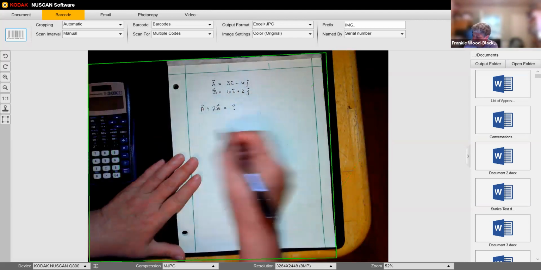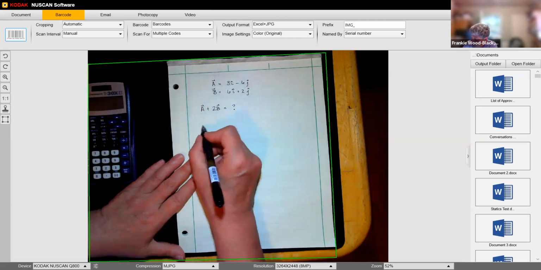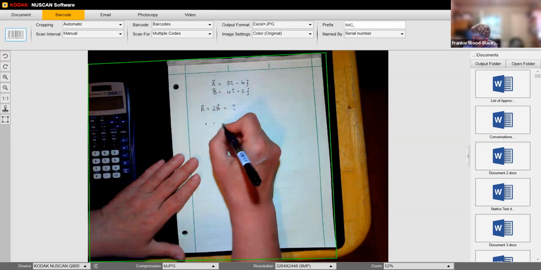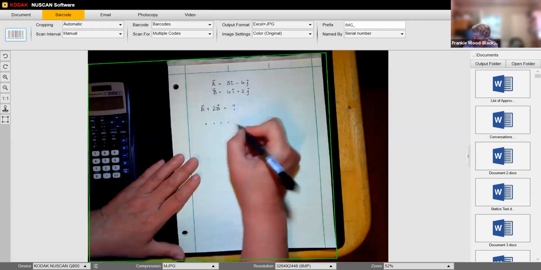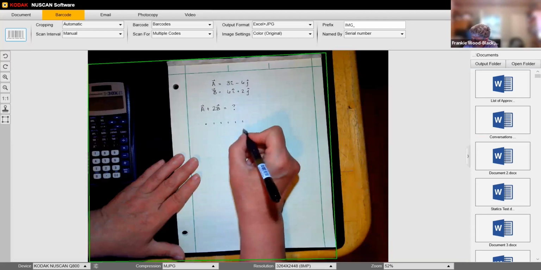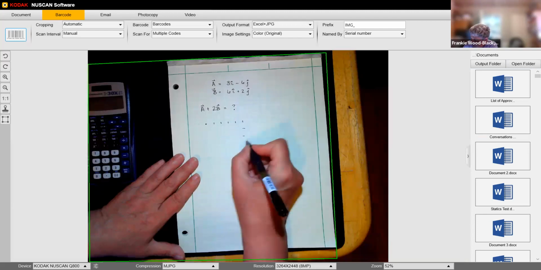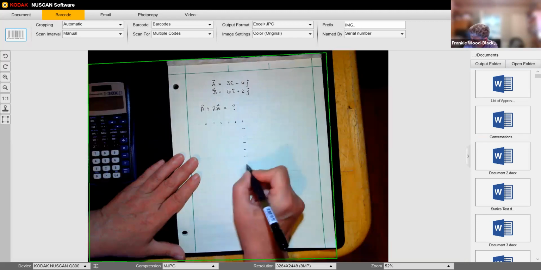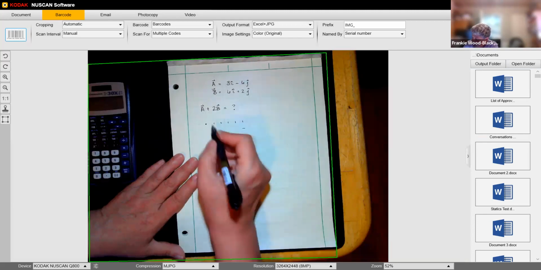So I'm actually going to draw my vector A. I'm going to start with this point here on my paper. We're going to add them head to tail here. So this is plus 3.